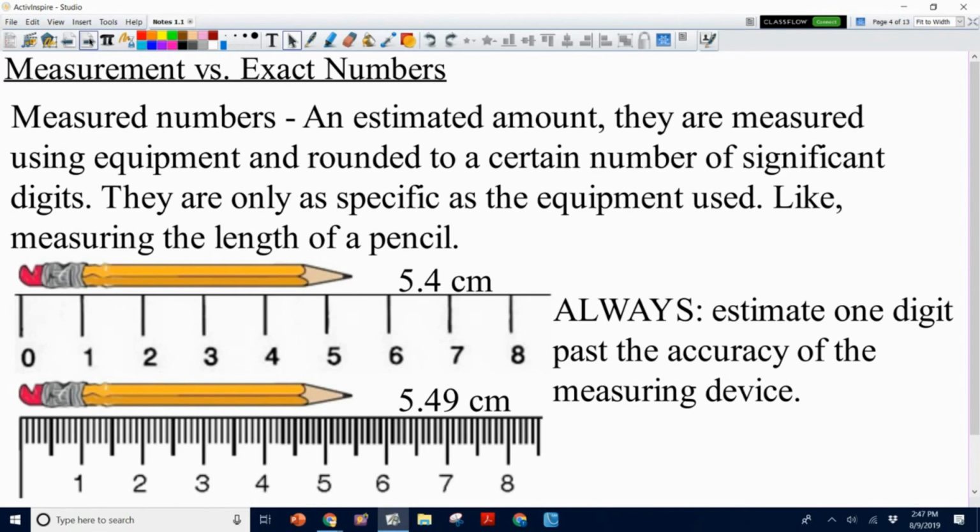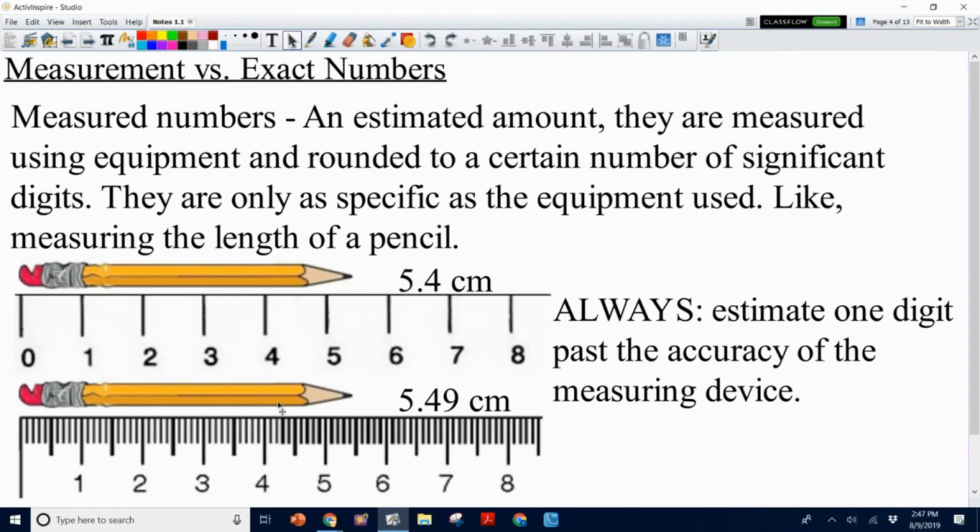So we're going to have to estimate where that is. So we're estimating here that it's a little less than half. So that's going to be our 0.4 right here. So the measurement for this top pencil is 5.4 centimeters. The 5 is the certain digit, and the 4 is the estimated digit.